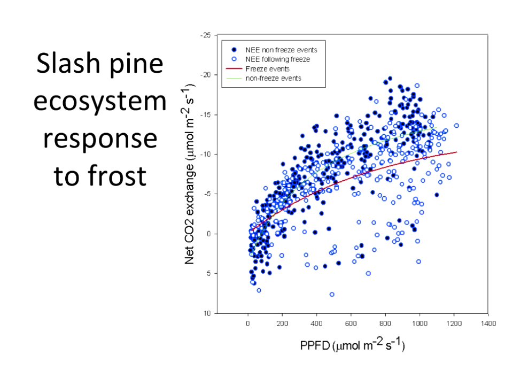We're plotting that net CO₂ exchange of this ecosystem versus light. Light is on the x-axis, net CO₂ exchange is on the y-axis, and the solid symbols indicate typical light response, and open circles indicate response on days following a freeze event here in northern Florida.